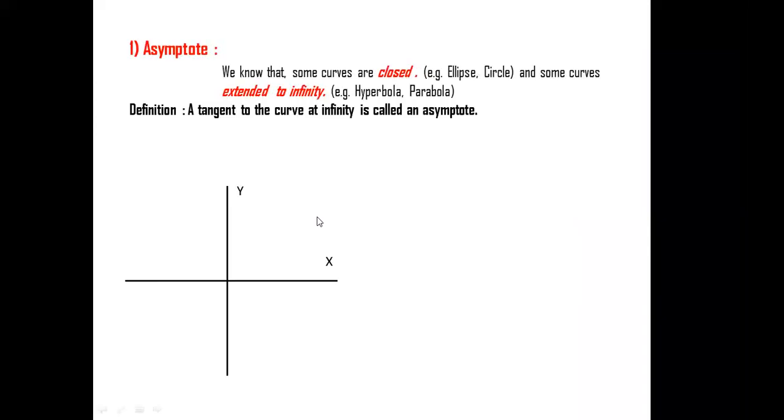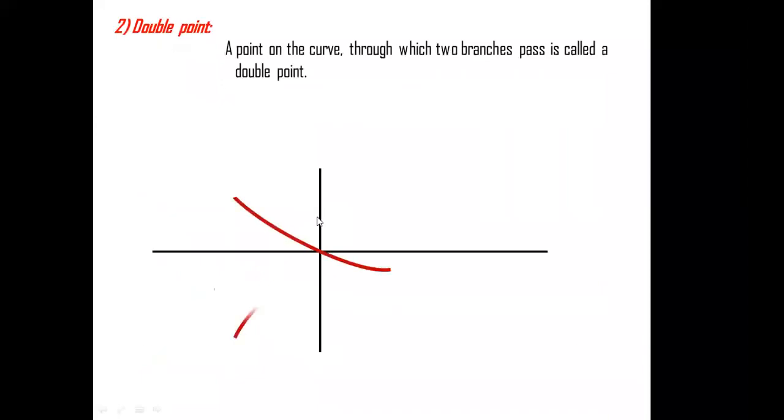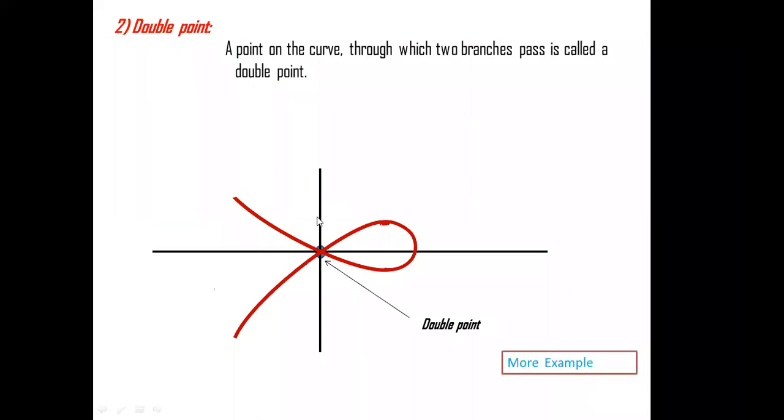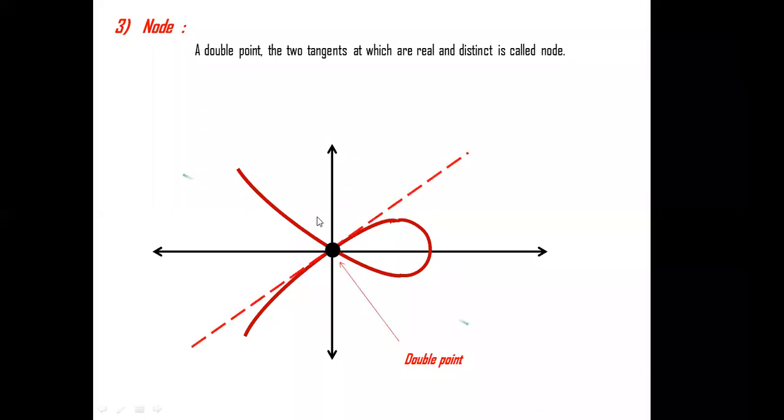A special point on the curve, we have already seen in the morning lecture. What is the asymptote? We will cover that next time. Okay. Or double point. This is called a double point. Then this is a cusp or node. We see this node also. We draw the tangent. This is called a node. Then we will draw the cusp.